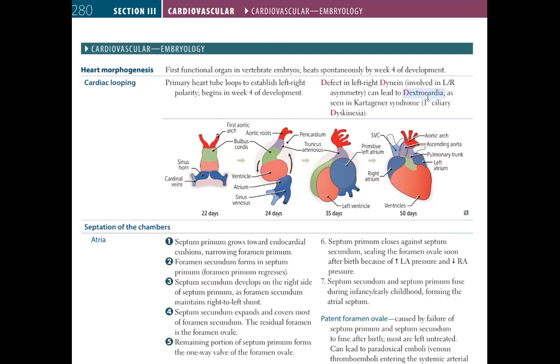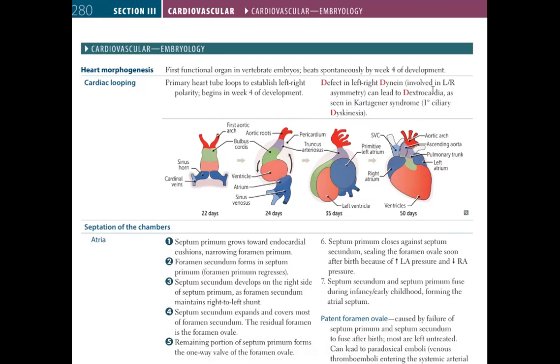Dextrocardia is a classical feature of Kartagener syndrome, which is a primary ciliary dyskinesia problem, where the cilia, which help in the movements, are not properly attained, and the patient will have the heart on the right side.